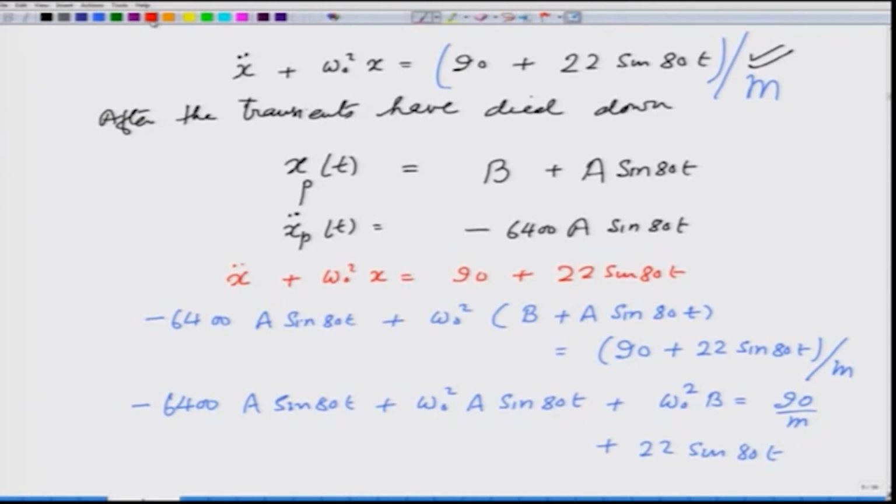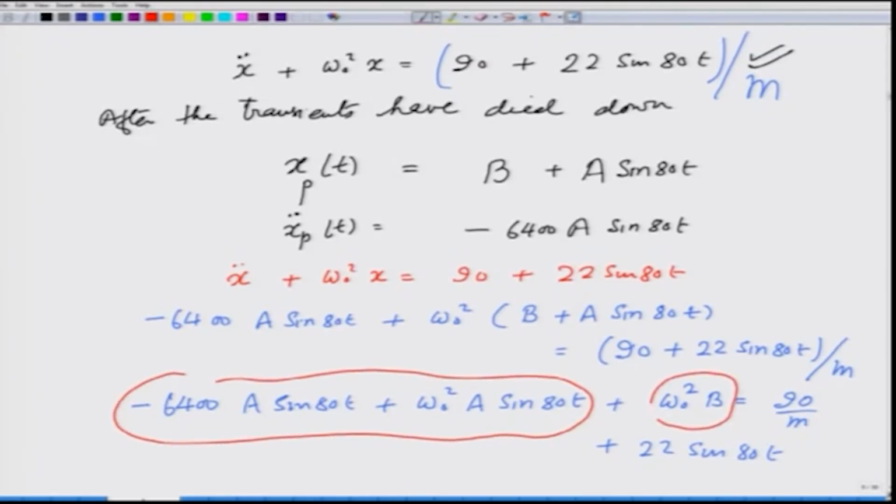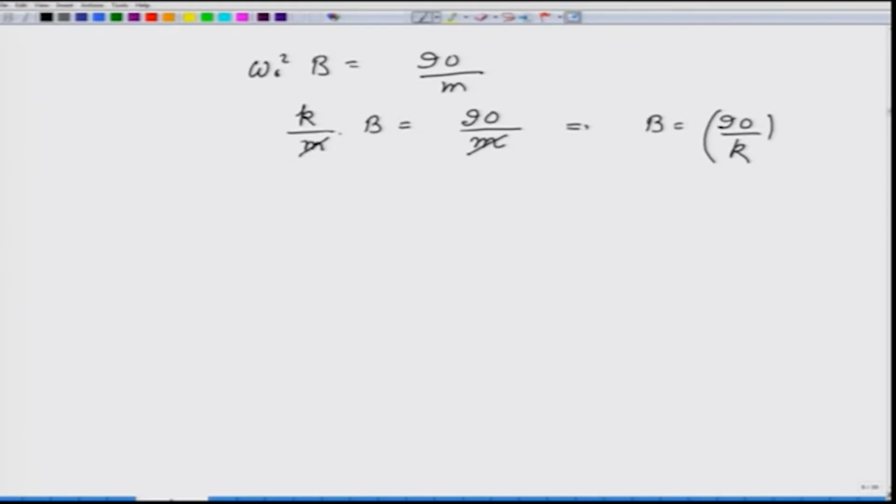Now, I will equate the coefficient corresponding to the sine of 80t and the constant term on both sides, and this gives me immediately that omega 0 square B is equal to 90 over m. Omega 0 square is nothing but k over m, times B is equal to 90 over m. M cancels and I get B equals 90 over k.